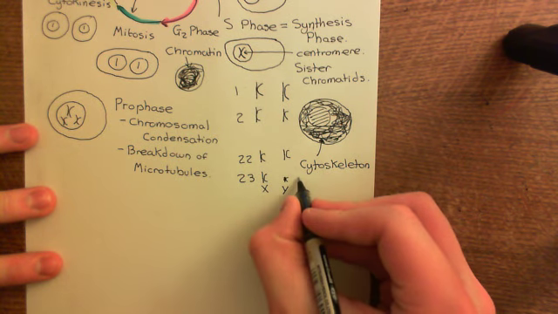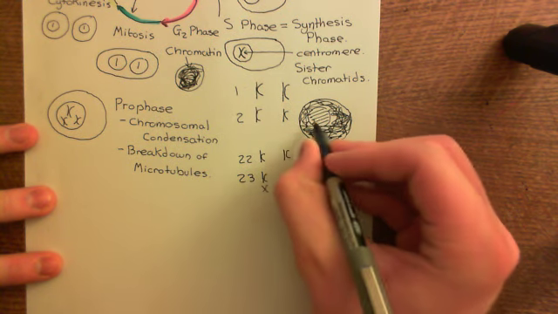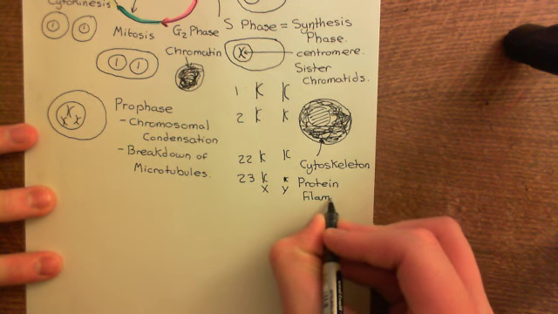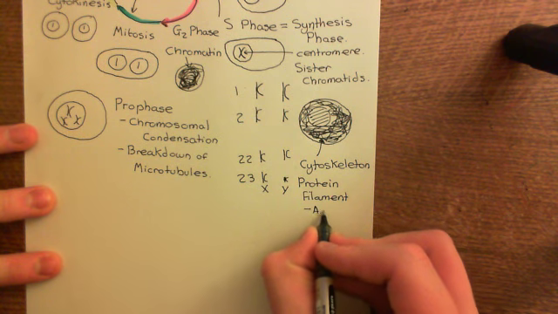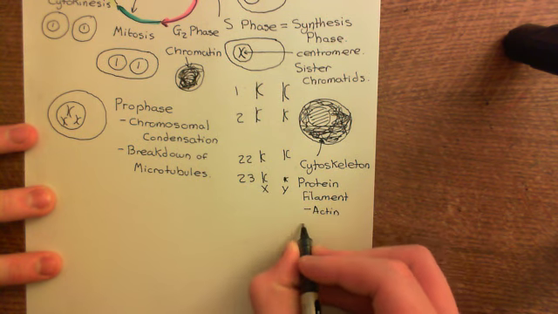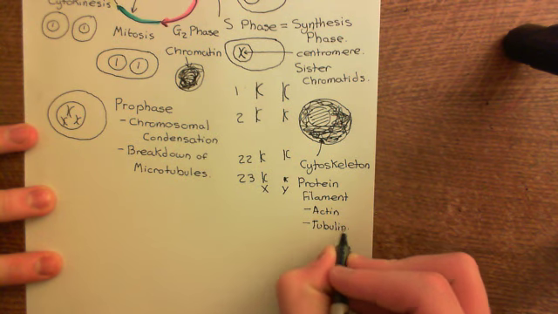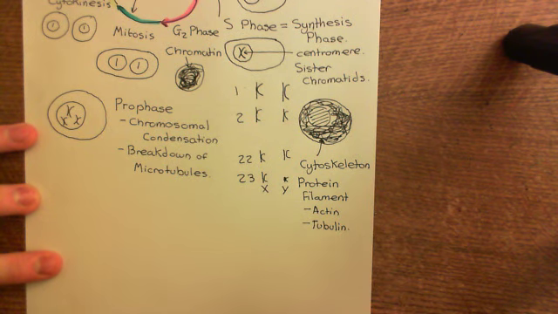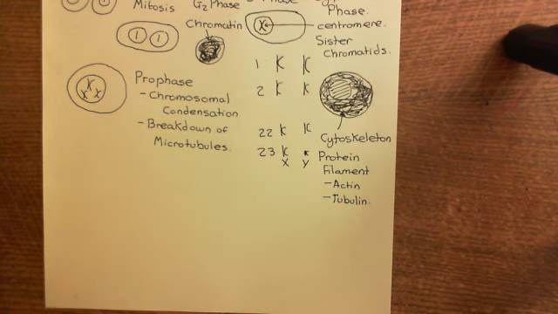Now, there are two major types of protein filaments that make up the cytoskeleton. These are actin filaments and tubulin filaments. So actin is one type of filament, and tubulin is the other type. Actin and tubulin are both tiny little proteins, but they polymerize together to make huge, great, long fibers.